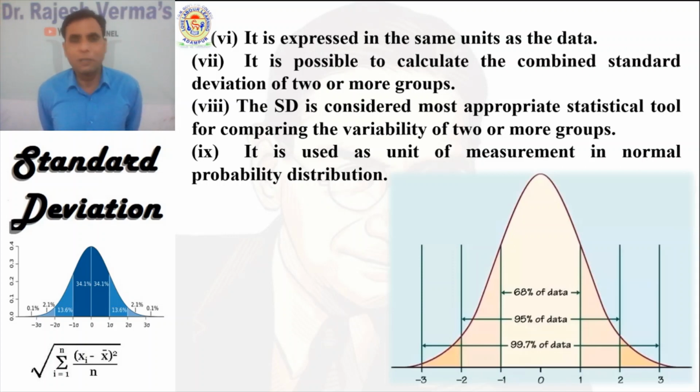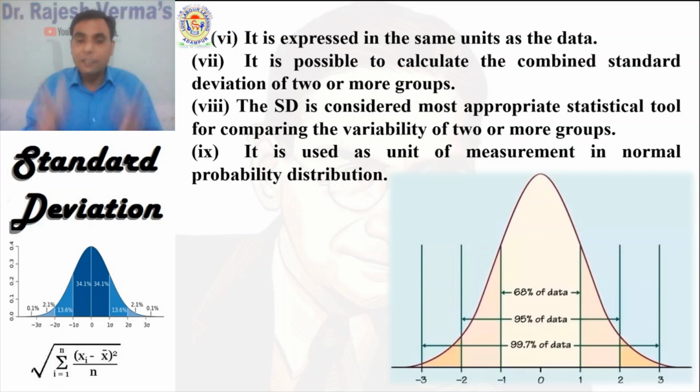So this is a very, very important point. You see, this is a normal probability curve. Here, this one indicates one standard deviation. Two indicates two standard deviations. Three is three standard deviations. And towards the left side of zero, minus one means minus one standard deviation, minus two standard deviations, minus three standard deviations.